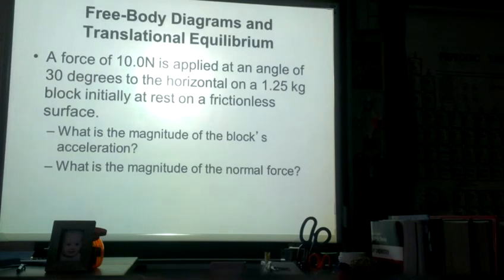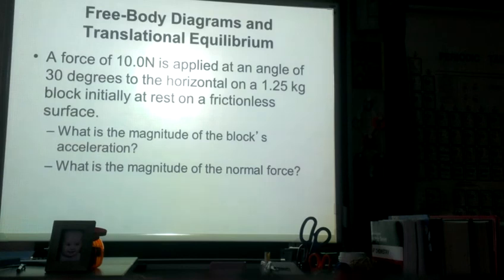And then the next question is, what is the magnitude of the normal force? Okay, so it says that the block is initially at rest on this frictionless surface, and then I'm going to apply some type of force. So this is actually not even a translational equilibrium problem at all. Just kidding. This is going to be an acceleration. I may have a net force problem here, okay?